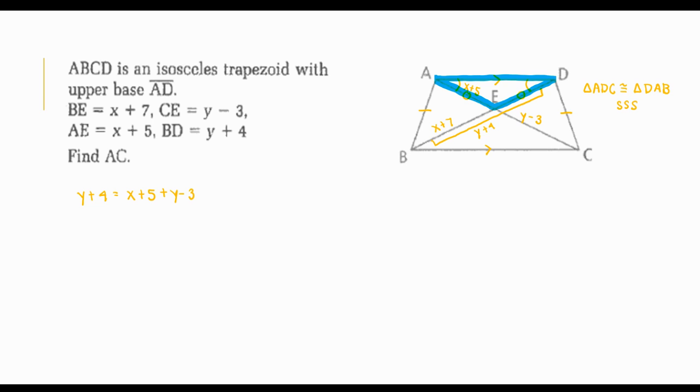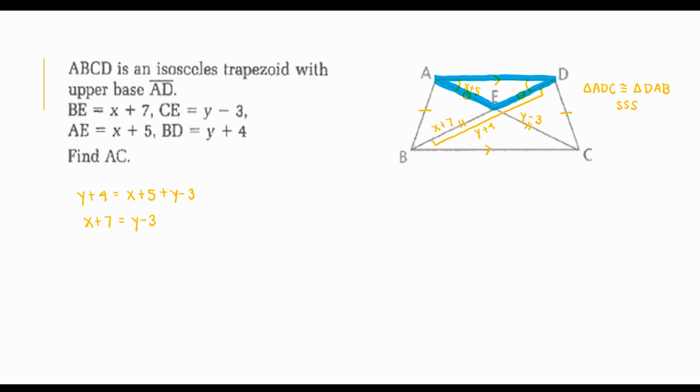So if AE is congruent to DE, that actually means that BE and EC are congruent. And that's because if the whole diagonals are congruent, I could subtract those little pieces and get the other piece. So that was a lot of information, but regardless, since I know that BE and CE are congruent, I get to set those equal. So x plus 7 is going to equal y minus 3.